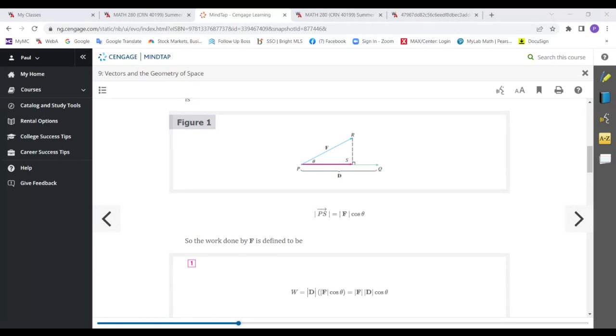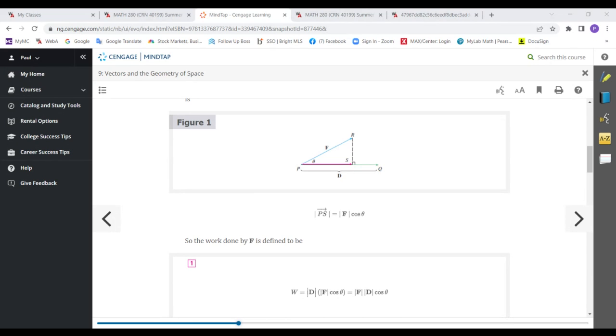The force vector has a horizontal component and a vertical component. The portion of the force that does the work is the horizontal component of the force.